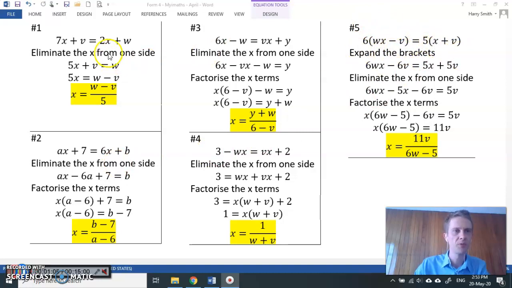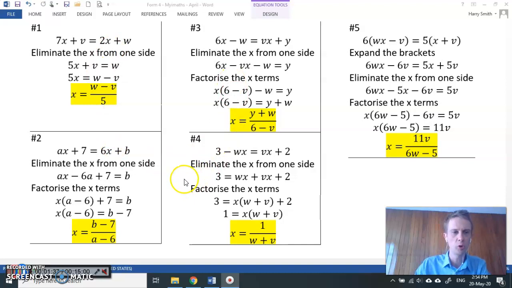So all I do here, move this 2x onto this side. 7x minus 2x is 5x. 5x plus v equals w. And then we just got to move the w onto that side. 5x equals w minus v. And then move the 5 down here. W minus v over 5. That one there is a simple question, simple example.